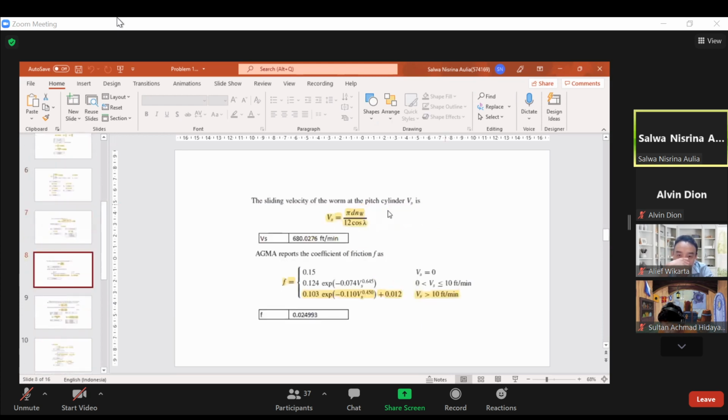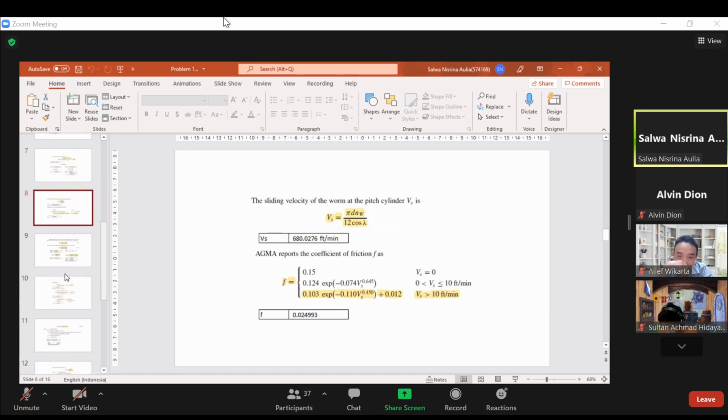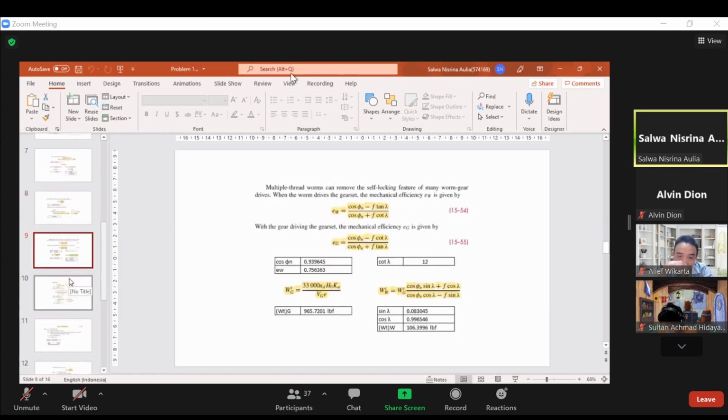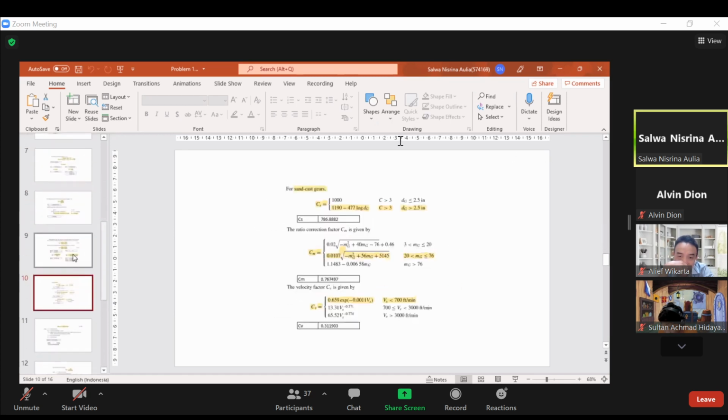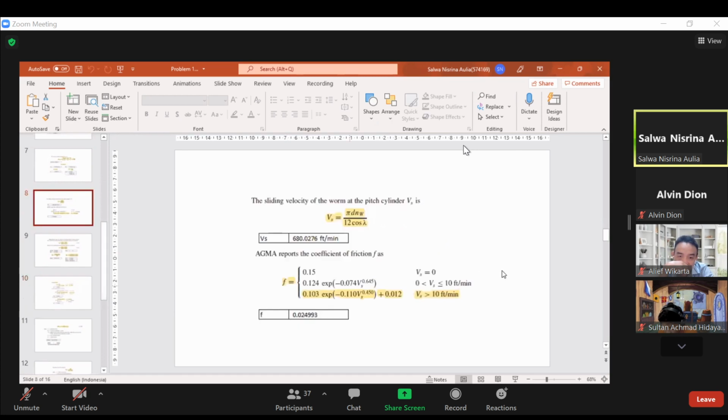Okay, the next is sliding velocity. We need to search the sliding velocity to calculate the next step. Like this, the coefficient you need to calculate from the sliding velocity. From the sliding velocity, you know that the sliding velocity is like 118, so we need this equation.